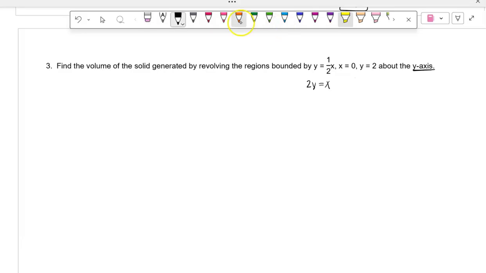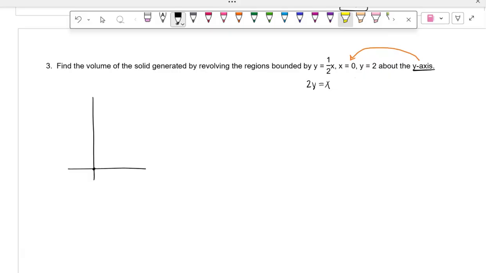So again, knowing our knowledge about the y-axis is when x equals 0. That means the same thing. So let's go ahead and graph this. So we can graph it in terms of x. We can use the fact that y equals 1/2 x. So we've got an intersection at 0.